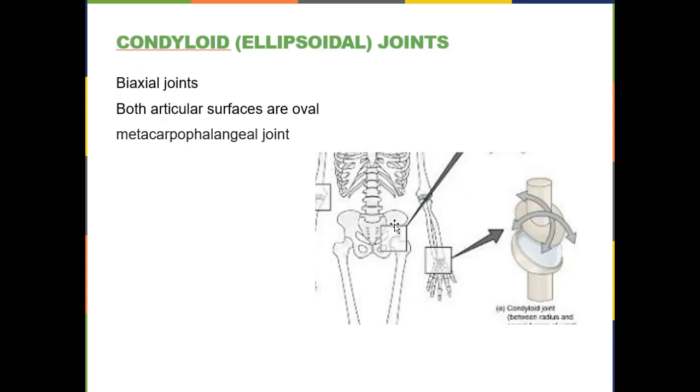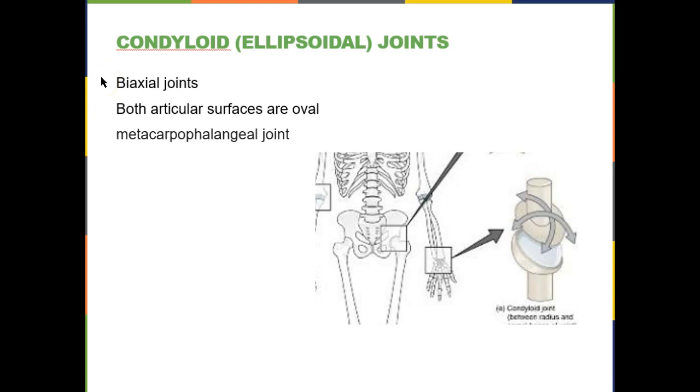Next up are condyloid or ellipsoidal joints. These are where both of the articular surfaces, the convex and the concave surface, are oval in shape. This allows for biaxial angular movement. So if this part here is wider than it is that way, you can move along those two planes, but you can't twist it at all because it's an oblong shape.